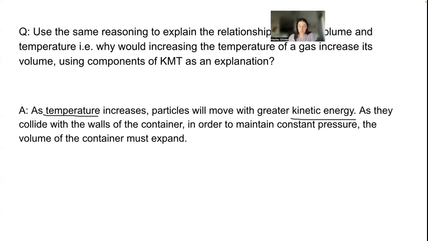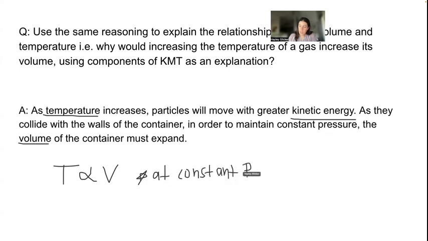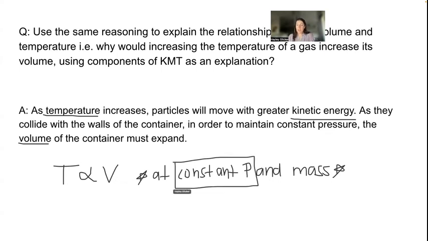Looking at my relationship between temperature and volume, we say temperature is directly proportional to my volume, specifically at a constant pressure and mass. This is what we said the other day to be true. In order to make sure I maintain a constant pressure, that's why my volume expands.